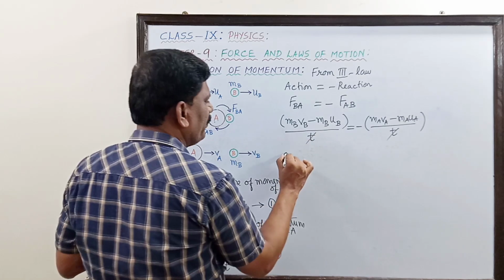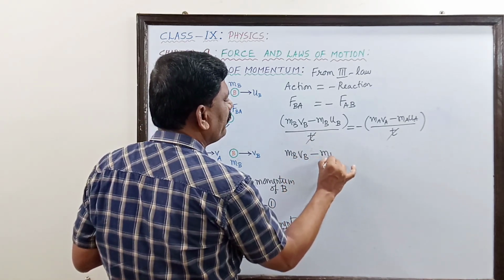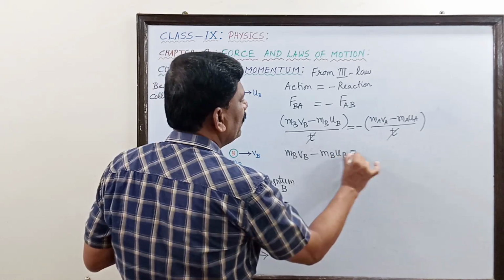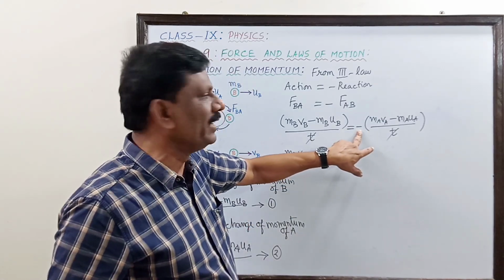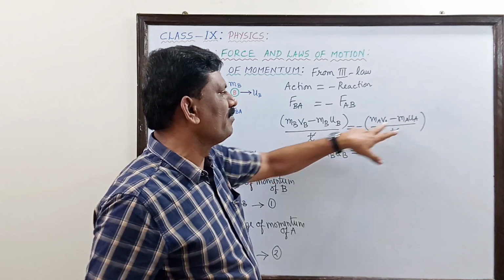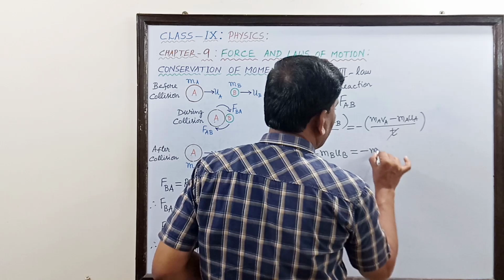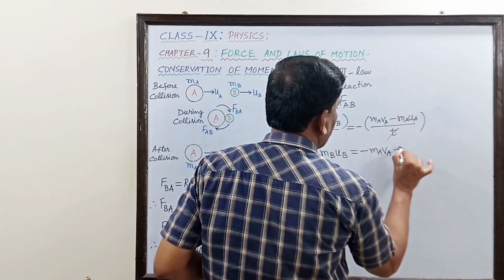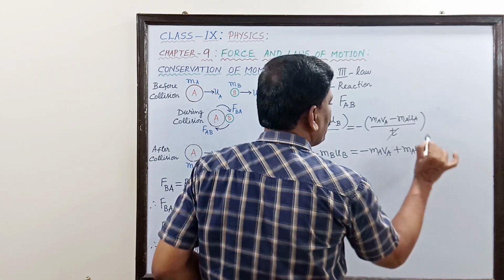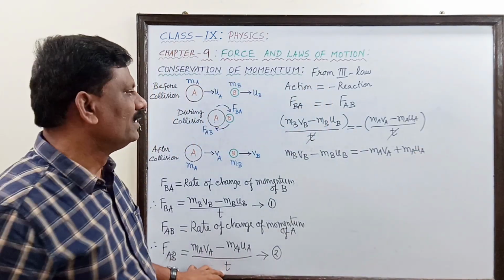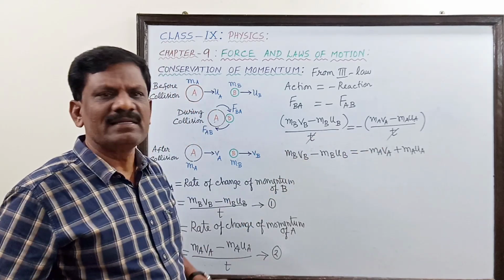Now you open up the brackets. MB into VB minus MB into UB. This is equal to, when you open this bracket, first term will be negative and the second term will be minus of minus, positive. So first term is minus MAVA plus the second term, MAUA. Okay. So now the negative terms you shift to the other side and make it positive.